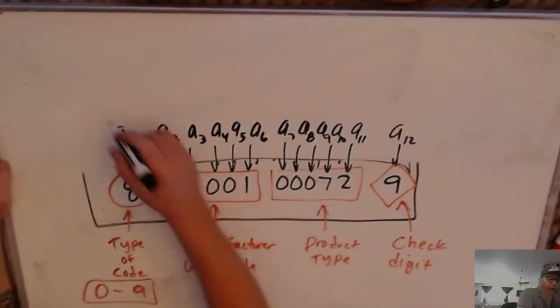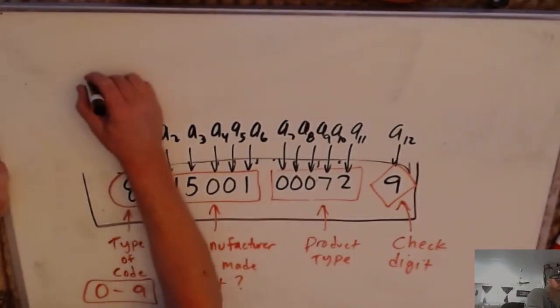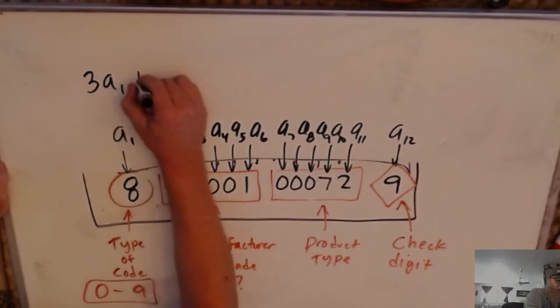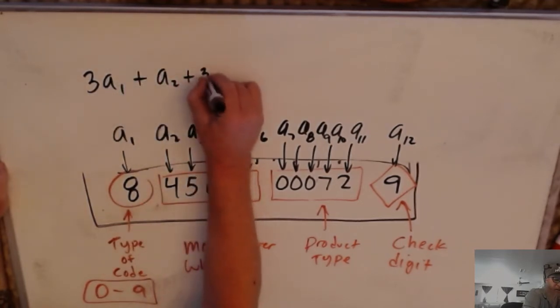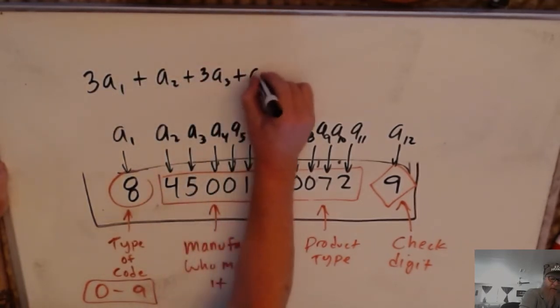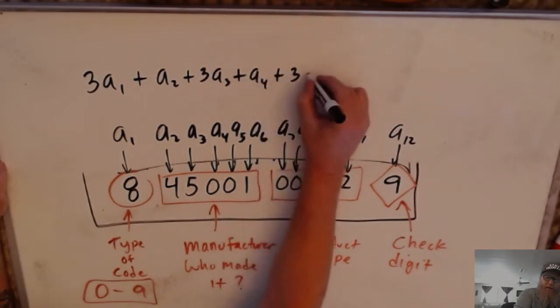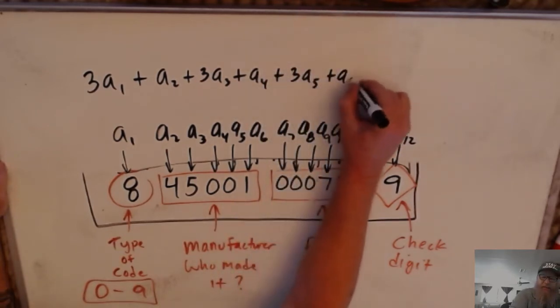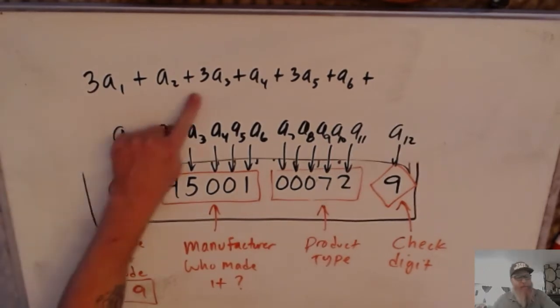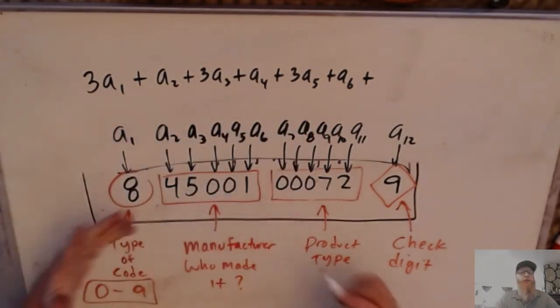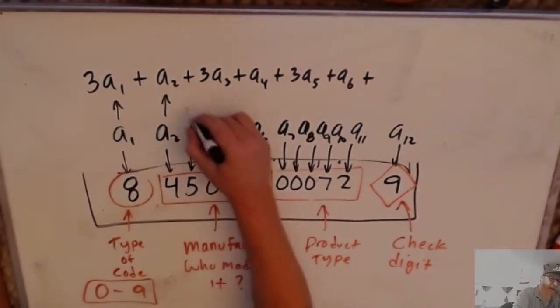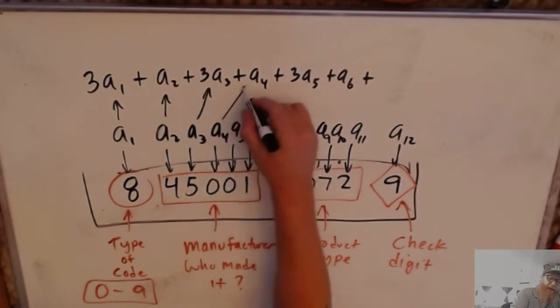Then we evaluate 3A1 plus A2 plus 3A3 plus A4 plus 3A5 plus A6. So every other A is going to get a 3.